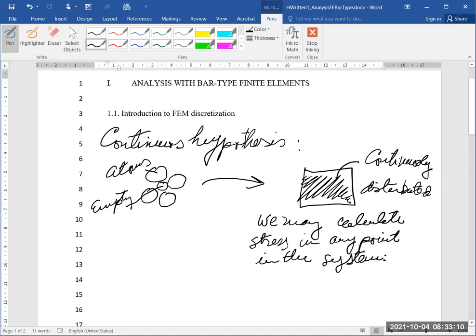It's an assumption. Instead of seeing matter in this way, we start seeing matter as continuously distributed in space, and of course now we can calculate the stress in any place we want.